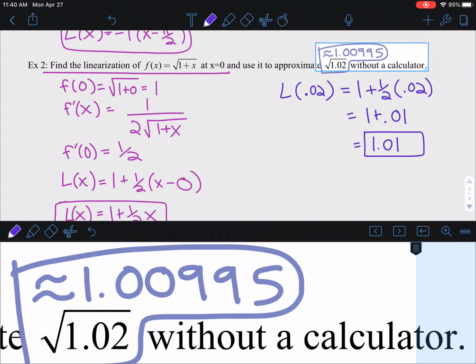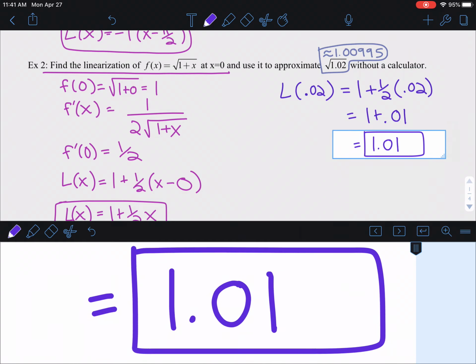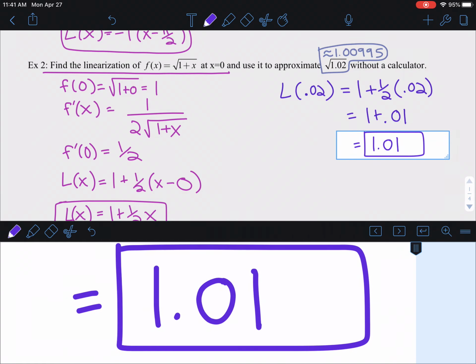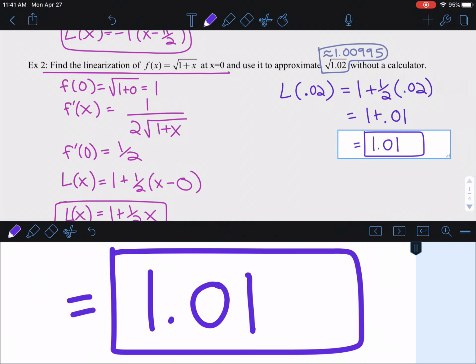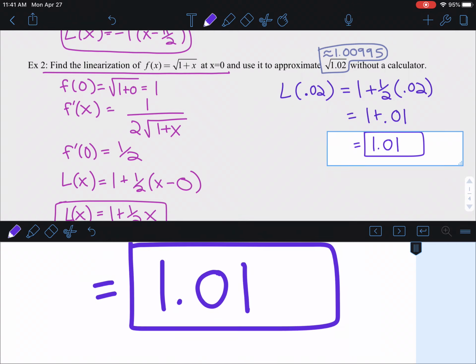Compare that to what we get from the calculator, 1.00995. You may think these are really far off, but actually they're less than 1,000th off of each other. So a pretty good approximation, considering I could have done this in a time when electricity wasn't around.